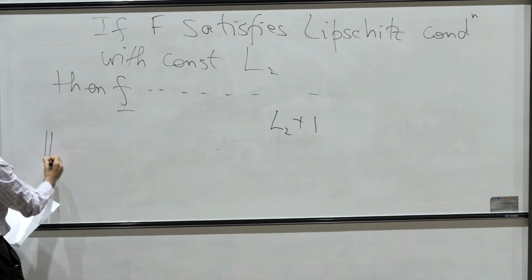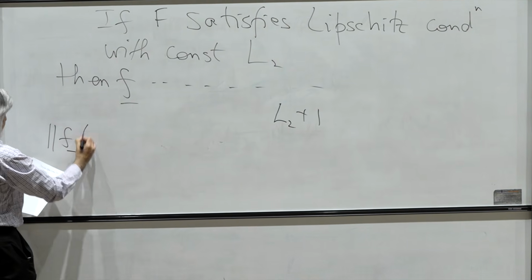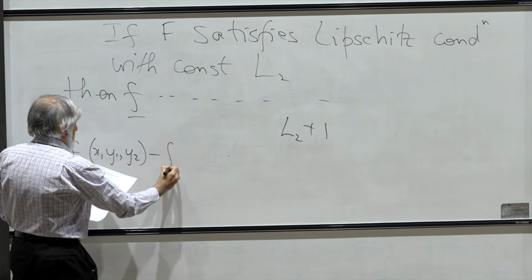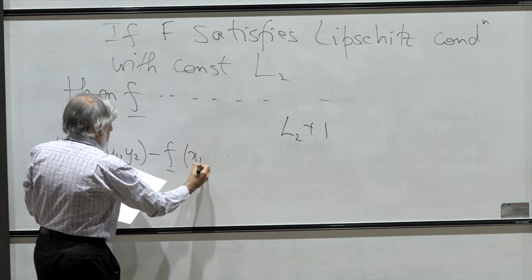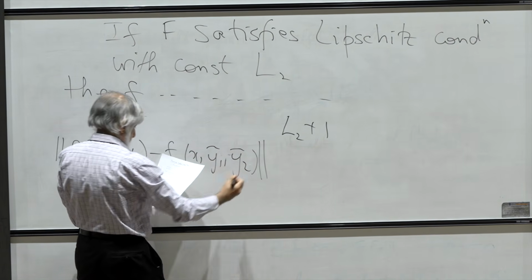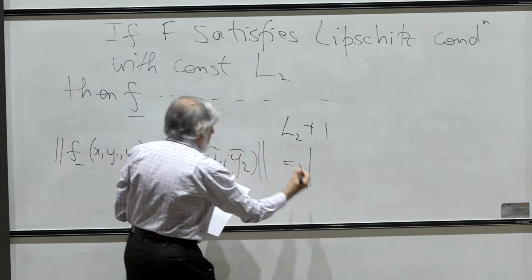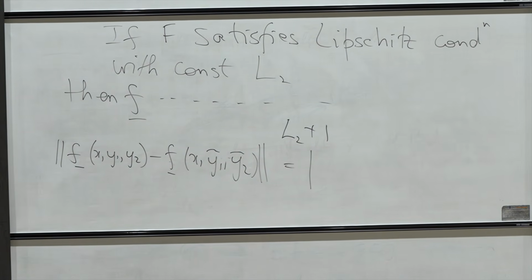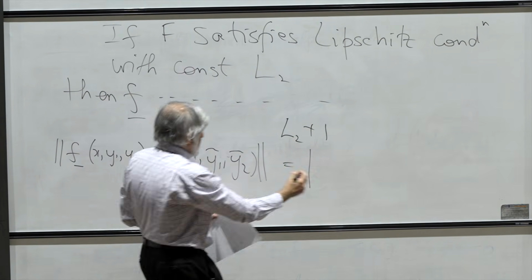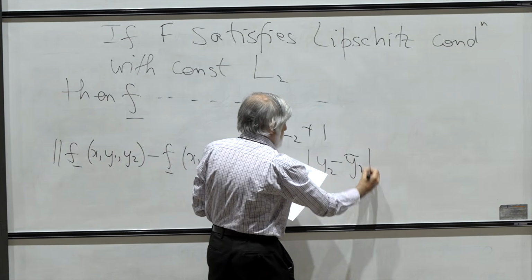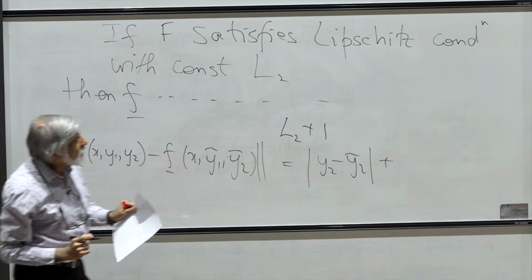Well, if we look at the norm of F(x, y1, y2) minus F at some other point, that's going to equal, remember you take the modulus of each component. So that'll be y2 minus y2 hat, because that's the first one.